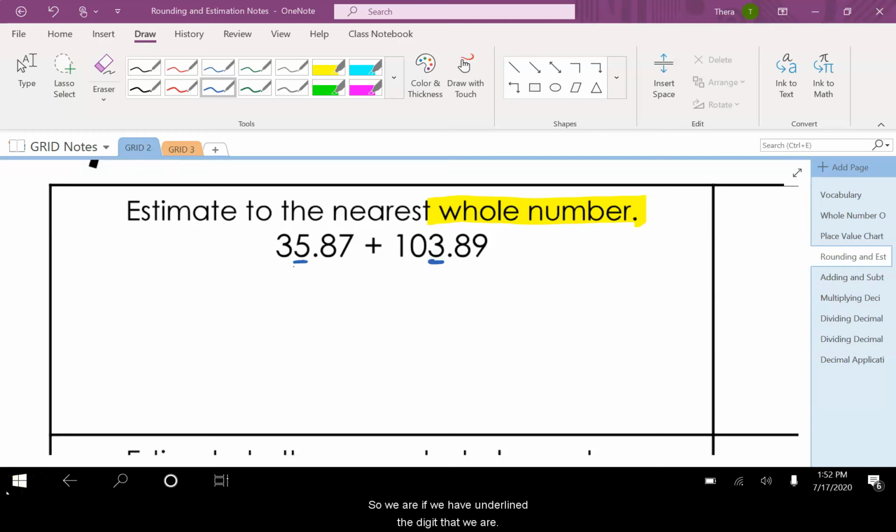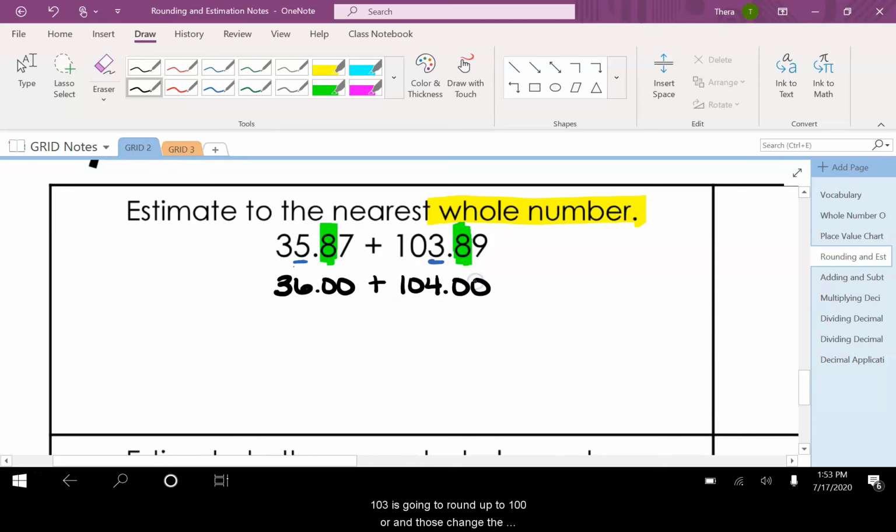So we have underlined the digit that we are rounding. And now we are going to highlight the digit that we have to look at to tell us what to do. Both of these are 8, so we know that both of these are going to round up. So 35 is going to round up to 36, and those change to zeros. 103 is going to round up to 104, and those change to zeros.